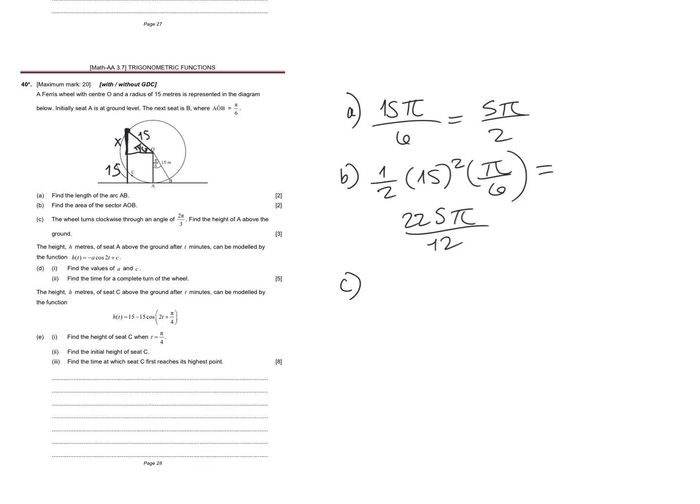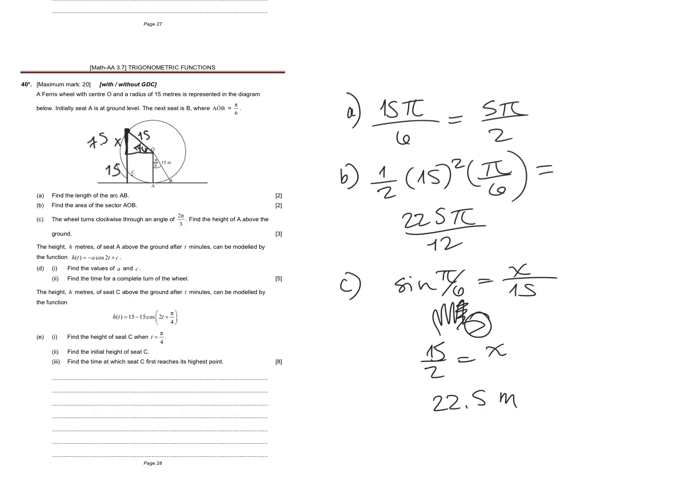This is opposite over hypotenuse. So we need sine pi over 6 equals x over 15. 1/2 times 15 is 7.5 plus 15, so 22.5 meters above the ground.